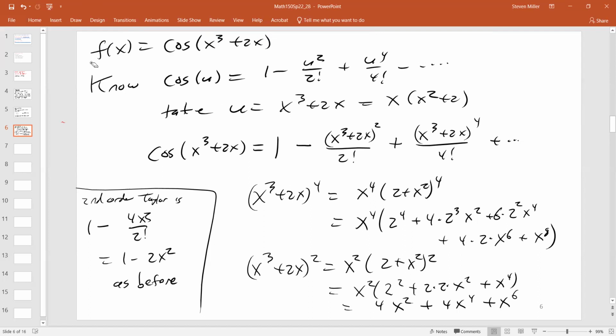The order is the degree of x. So when you look at x cubed plus 2x squared, which terms here are of degrees 0, 1, 2, 3, or 4? Can somebody read out the expansion for x cubed plus 2x squared?